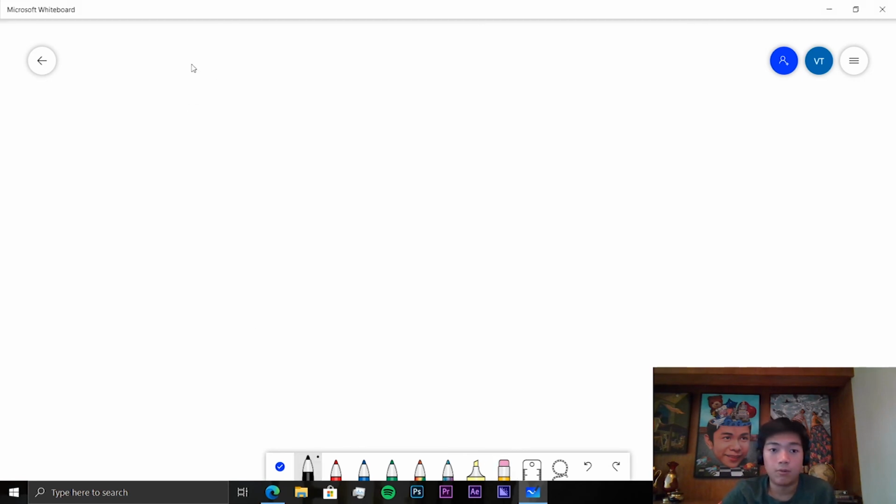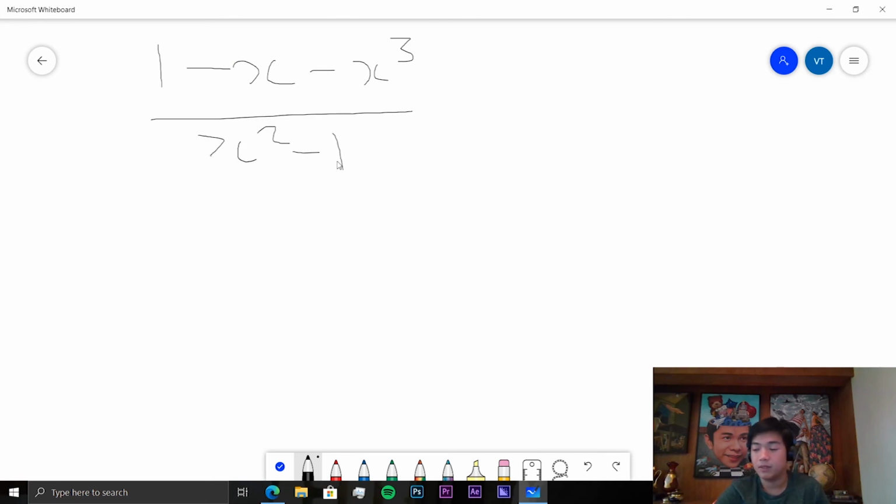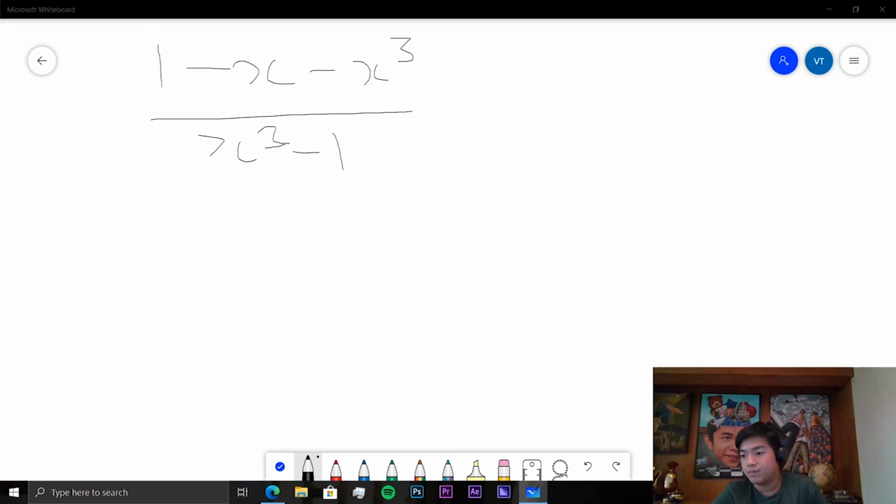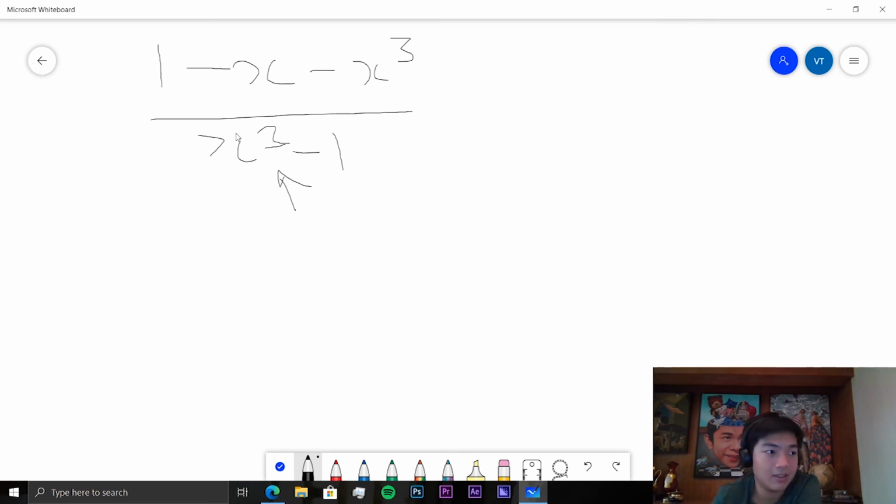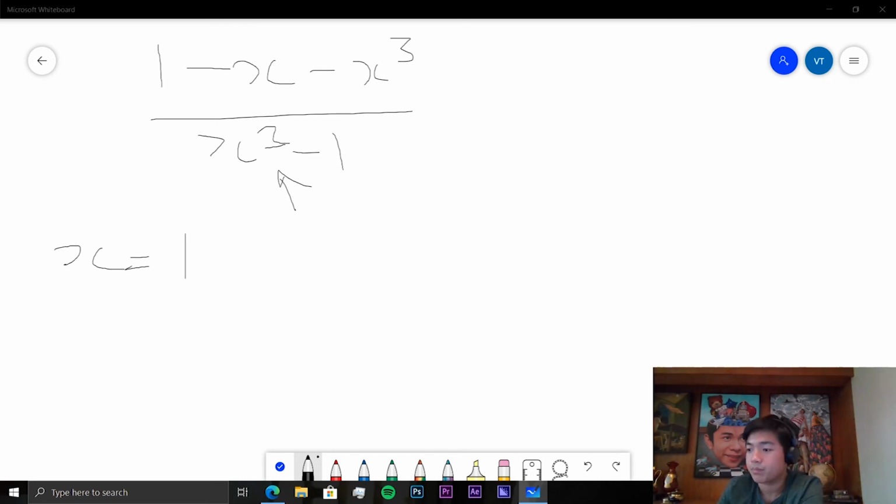We need to find vertical and horizontal asymptotes of 1 minus x cubed over x cubed minus 1. So first, what values of x make this function tend to infinity? It will be all values that make this denominator tend to 0, in this case, 1. So x equals 1 would be an asymptote of this graph. And secondly, what value does this get when x tends to infinity?